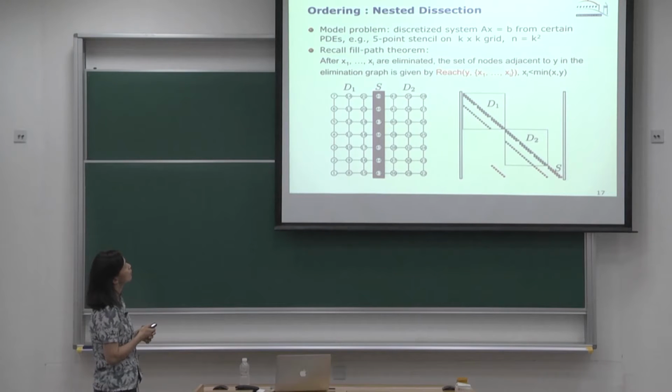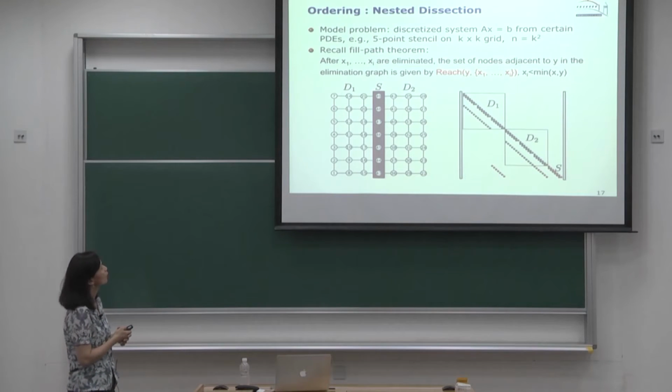For example, you want to see whether between any vertex, for example, 18 and 39, or 18 and 15, is there any fill generated? So how can we think about it?